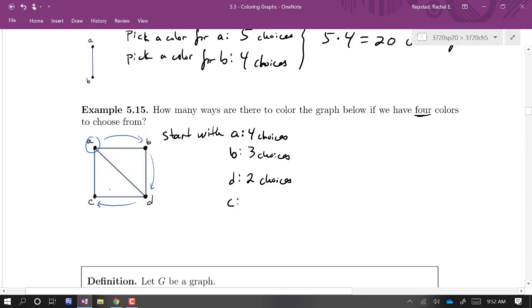So I can choose now, I have up to 2 colors, right? 2 choices for vertex C. And that gives us a total of 4 times 3 times 2 times 2, which is 48 colorings.